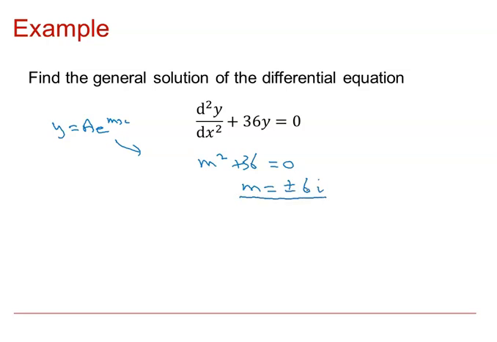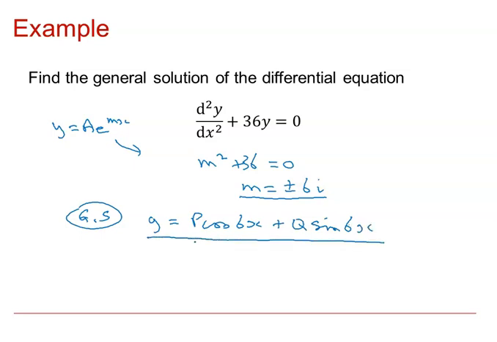As soon as you see that you've got an imaginary pair of roots or values for m, then you can go straight to the general solution in the form y equals p cos 6x plus q sine 6x. So notice the general solution has a trigonometric form. Notice it doesn't contain any complex numbers or i. You do not need i anywhere in this version of the general solution.